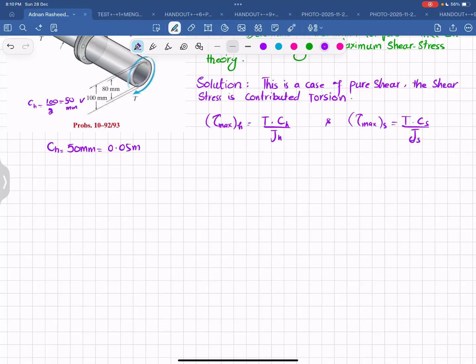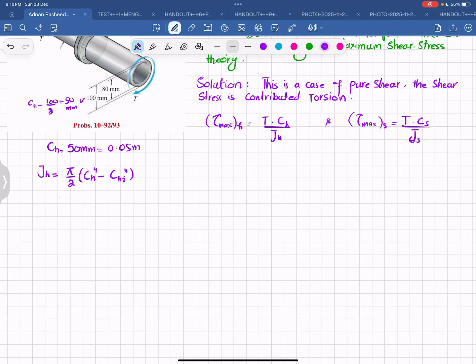Okay, now for Jh, the polar moment of inertia of the hollow shaft, the formula for this is pi by 2 times Ch power 4 minus C inner power 4.